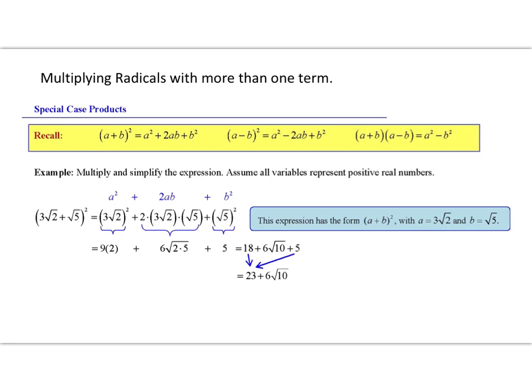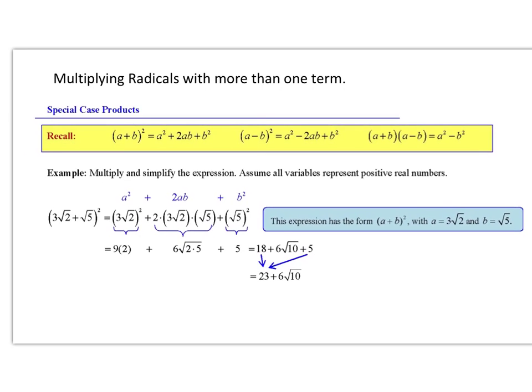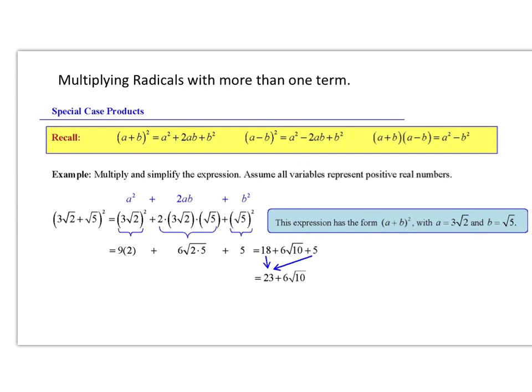And now we're going to apply it to our expressions. So in this particular case, we have 3 square root of 2 plus square root of 5, and that's squared.